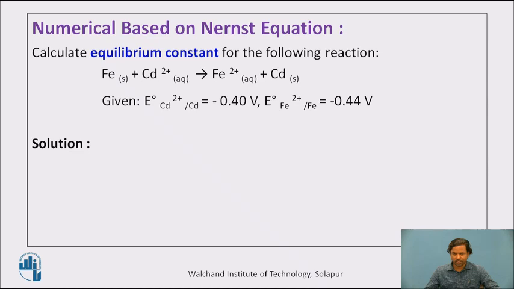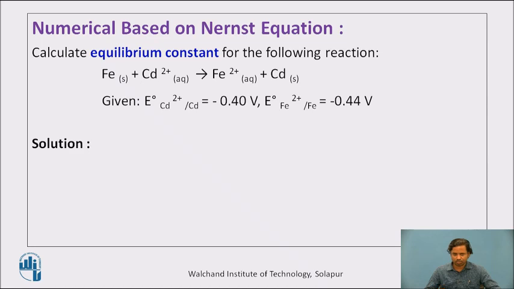Fe solid plus Cd2+ gives Fe2+ plus Cd. For this reaction, E naught for Cd2+ to Cd is minus 0.40 volt and E naught for Fe2+ to Fe is equal to minus 0.44 volts.